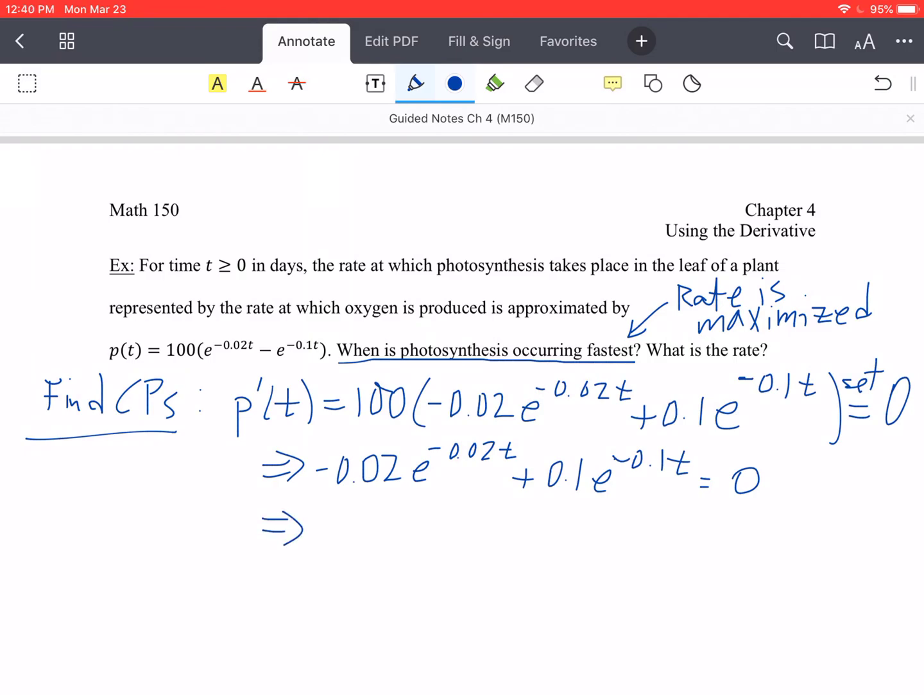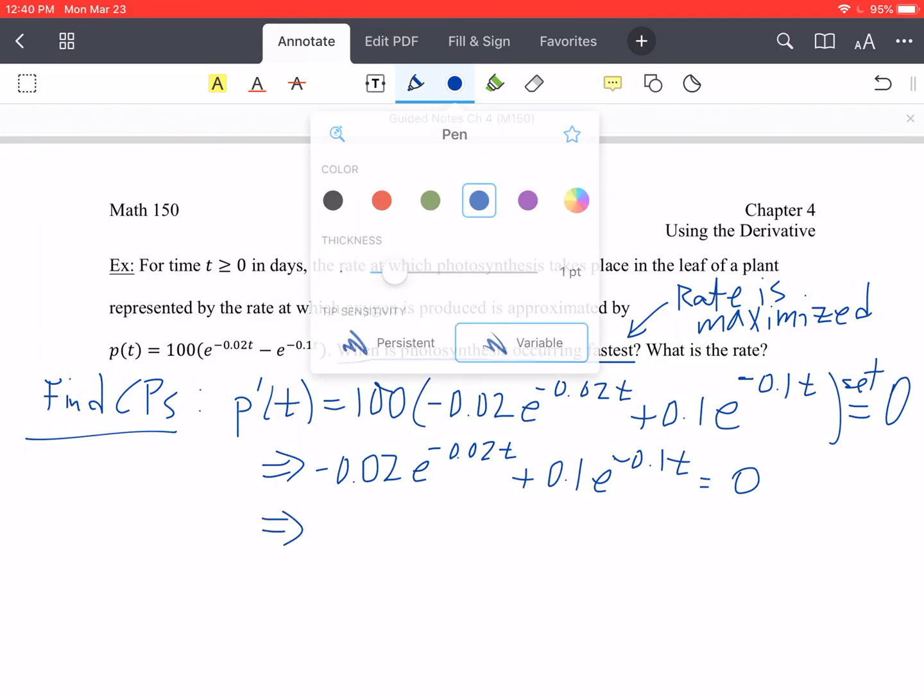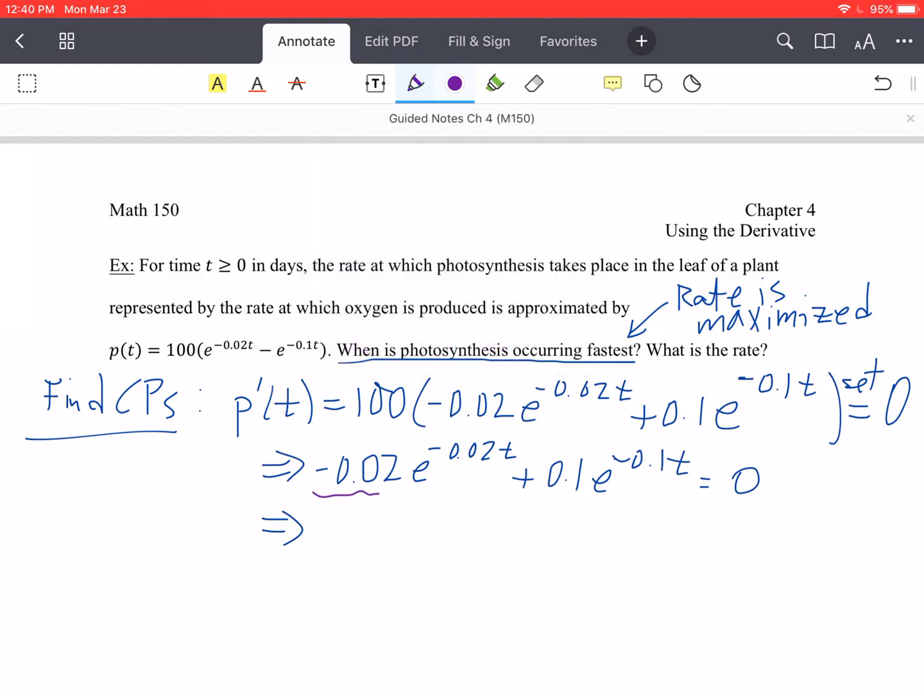I'm going to add this term over to the other side just so that I can be left with all positive things. So this is 0.1 e to the negative 0.1 t equals 0.02 e to the negative 0.02 t.